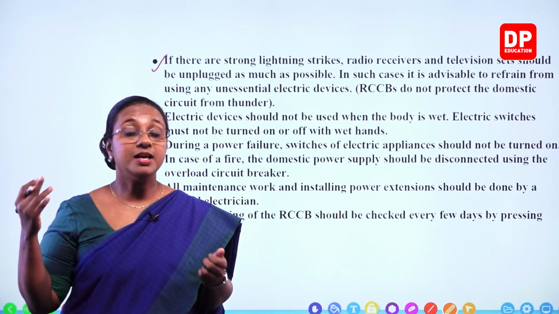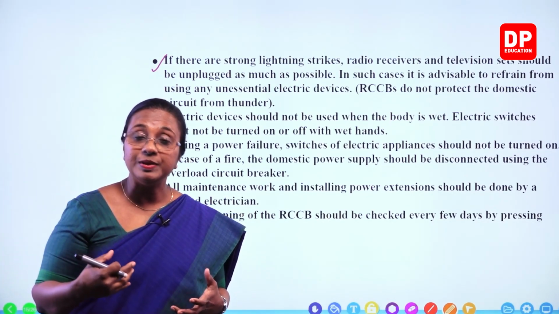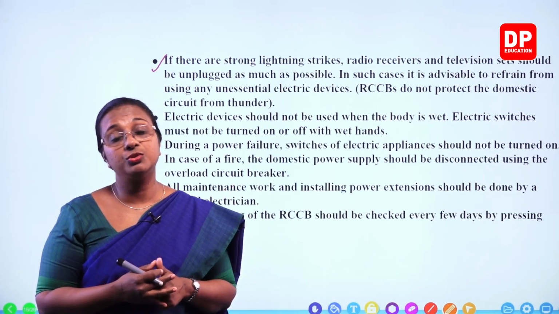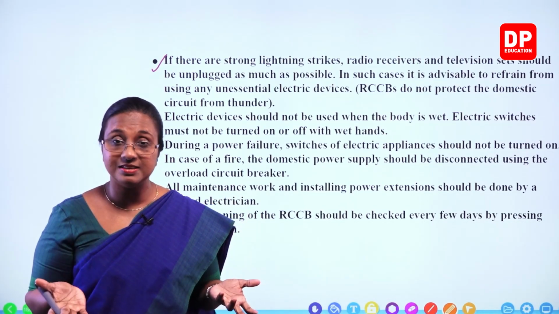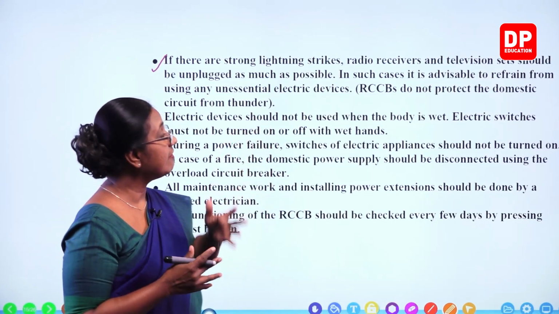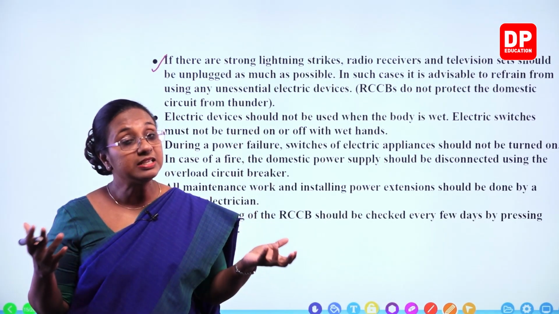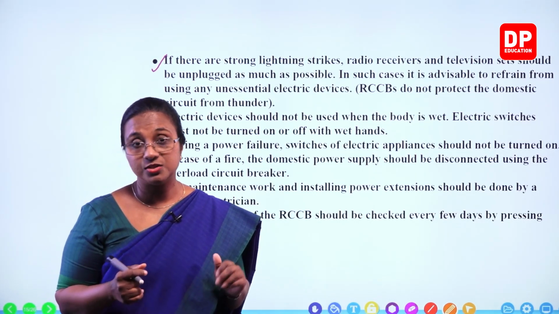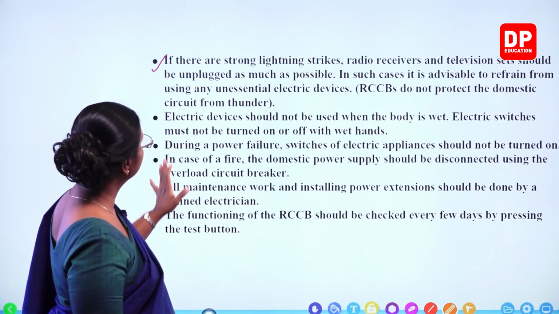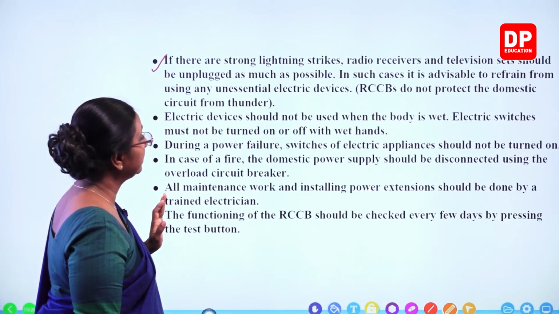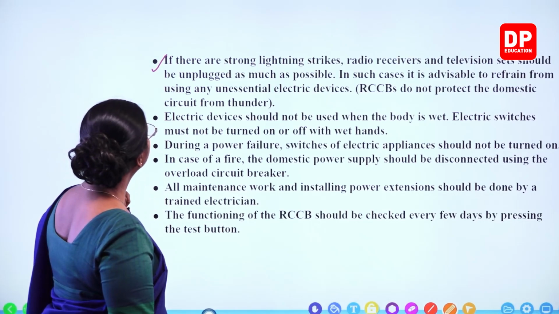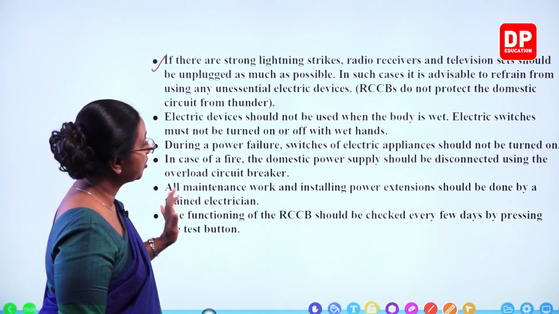So it is easy for the lightning, the electric charges, to be conducted through those wires and the receivers. Because of that, the devices can be damaged and it can cause harm to the household resident as well. So it is always advisable, if there is strong lightning, that radio receivers and television sets be unplugged as much as possible.